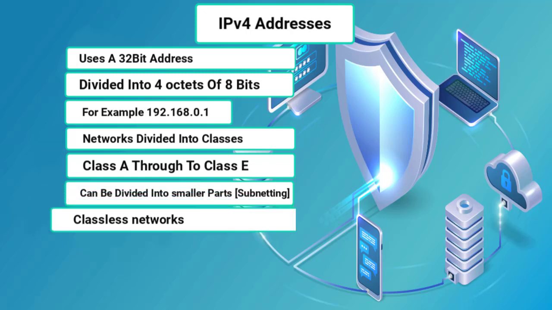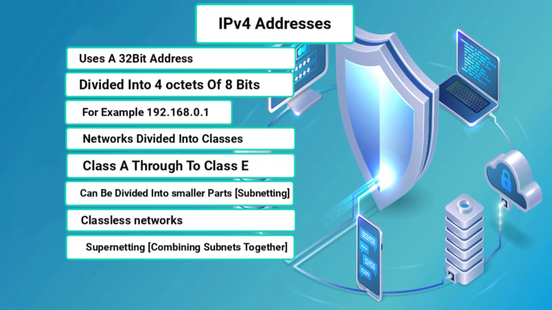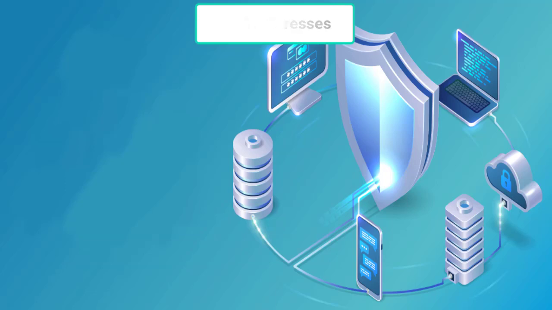Classless networks have since been added. It allows you to alter the design of networks. They introduce a mechanism known as supernetting, which enables the combination of many networks. I'll look at each of these aspects individually, but let's start with classful networking.